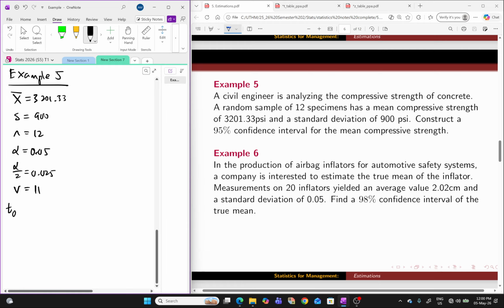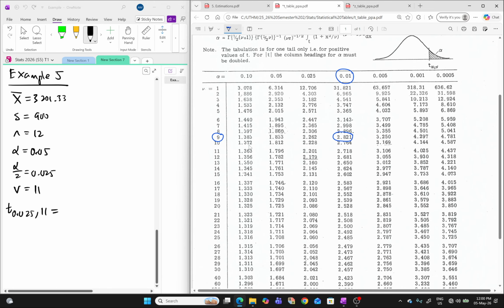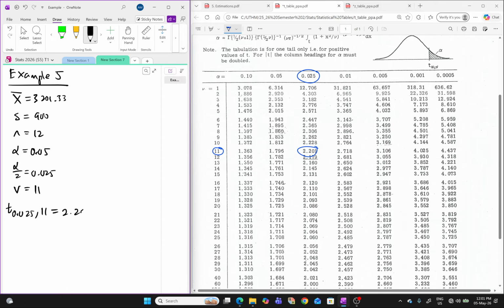So dekat sini you boleh tulis 0.025, 11, and what is your T you get? 0.025 is here, 11 is here, this one is 2 point.